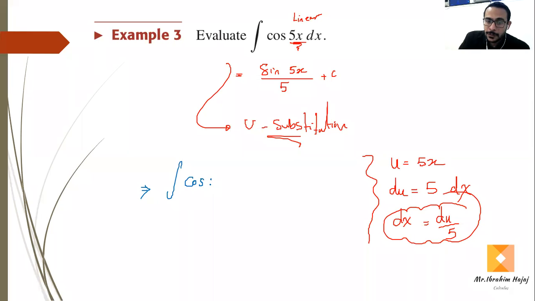We put u: cosine u times dx, which equals du over 5.